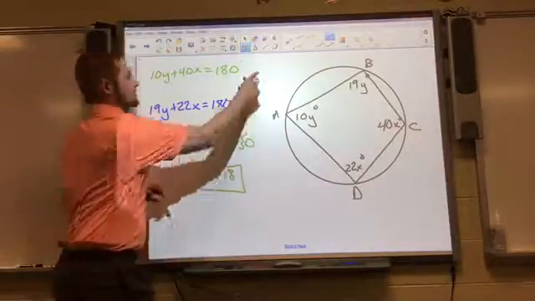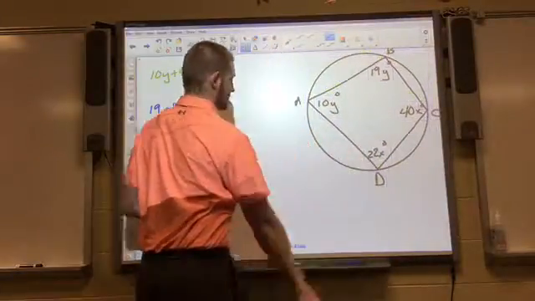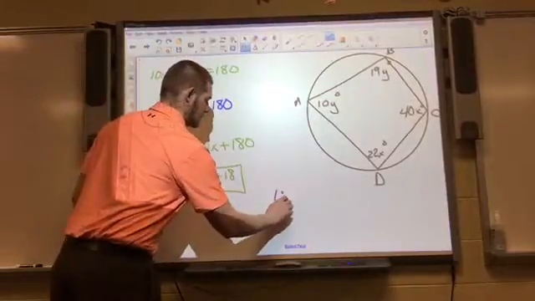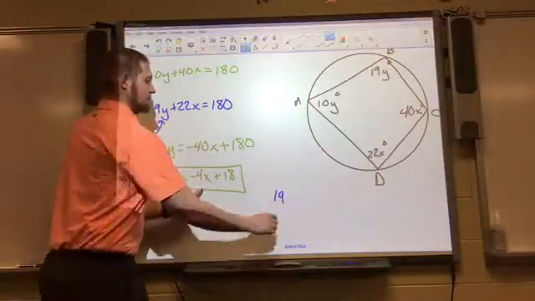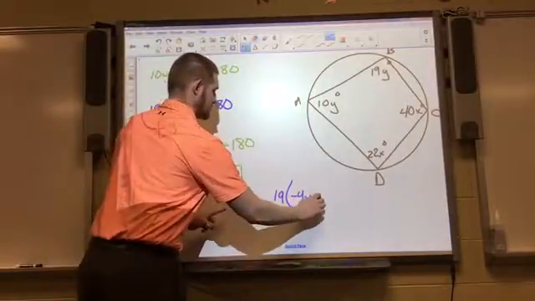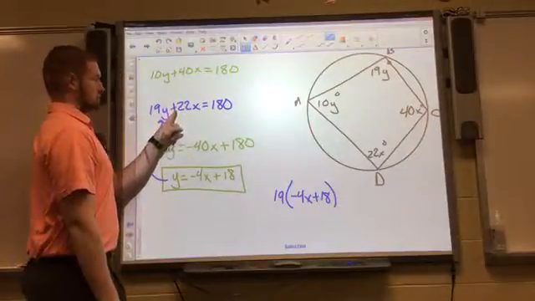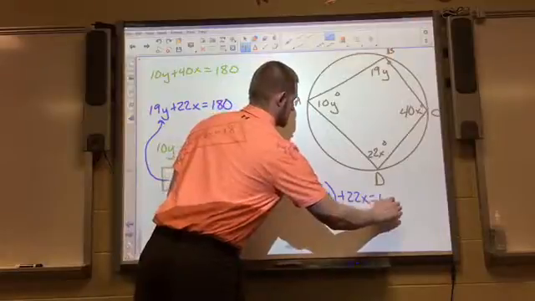I'm going to scoot this up a little bit out of the way. I have 19, but instead of times y, I have times negative 4x plus 18, plus 22x equals 180.